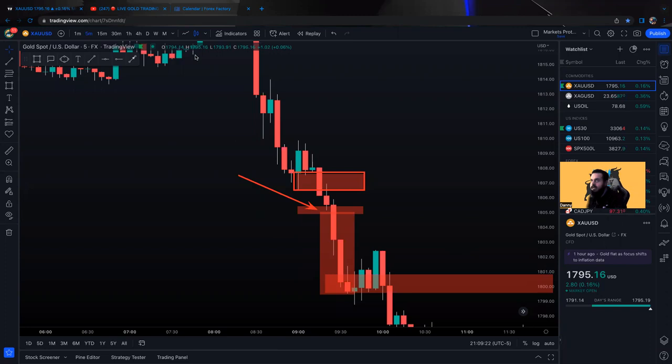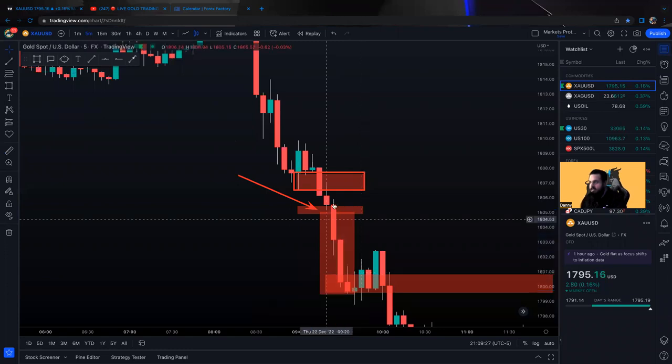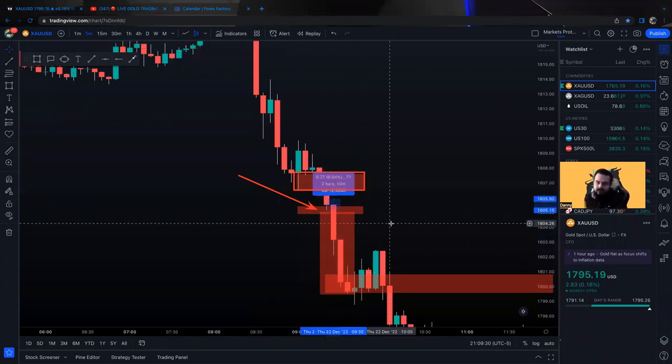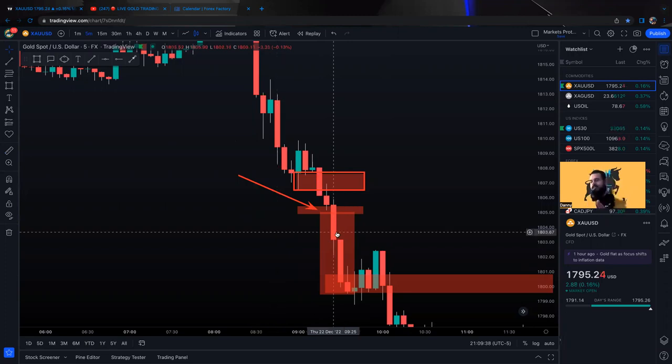Now, looking at the size of the move, it was about 50 pips and above, and the stop loss area, keeping it on the current candle, was only 7 pips. So the risk to reward is much better if you understand weak lows, weak highs, stronger highs and stronger lows.